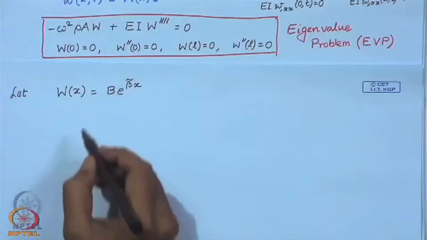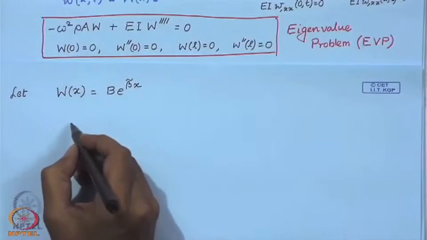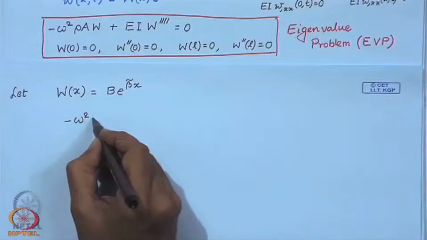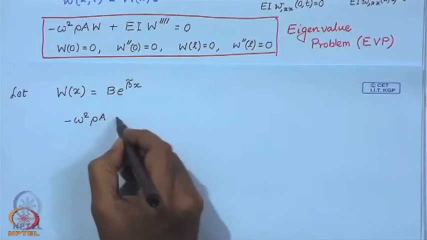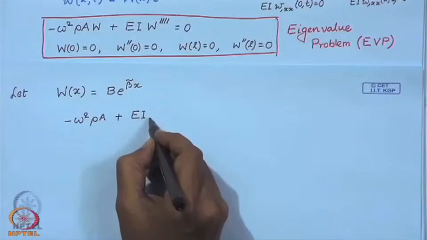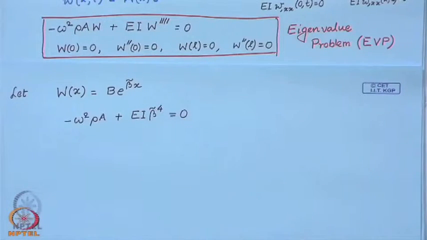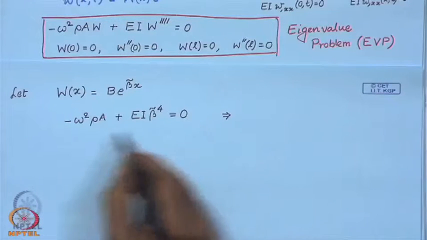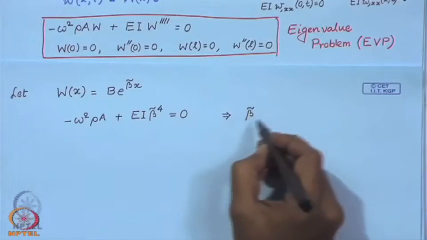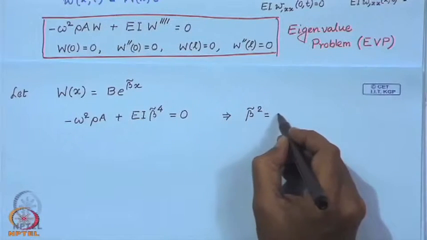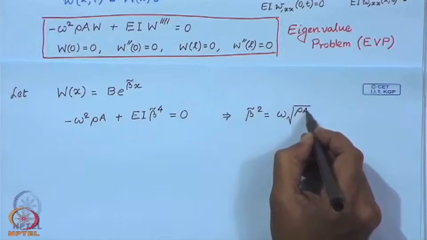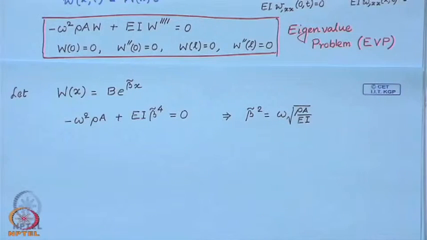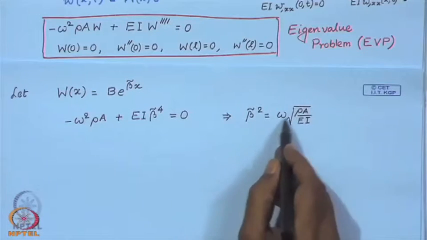If you substitute this in the differential equation of the eigenvalue problem, I have substituted this and made some simplifications to obtain this, which implies that this beta tilde square is an unknown constant that is related to the circular eigenfrequency.